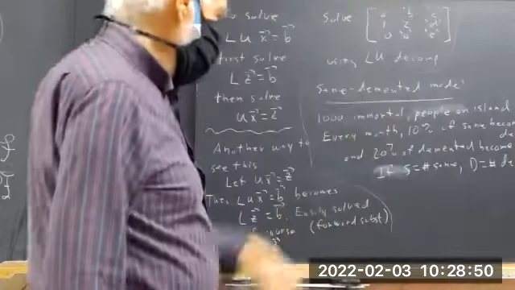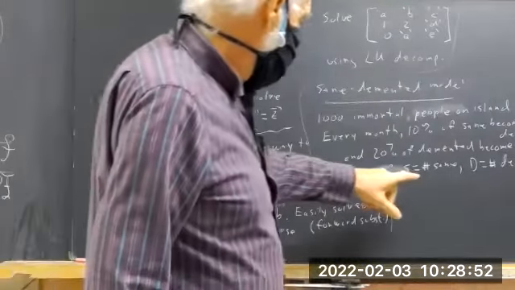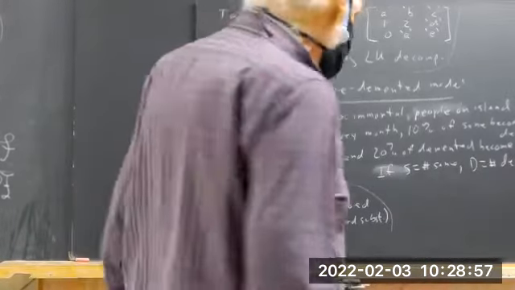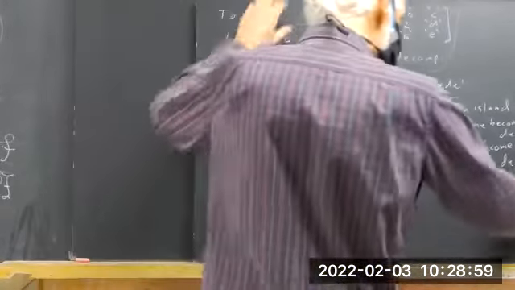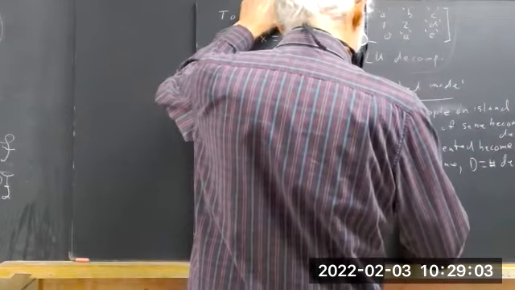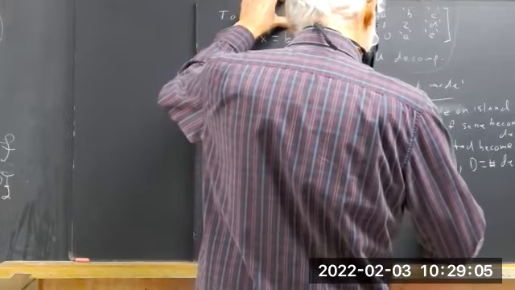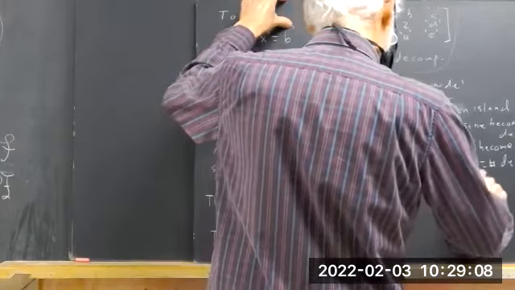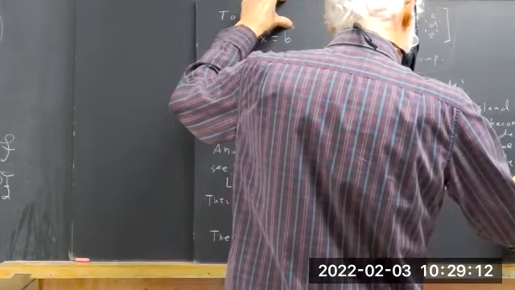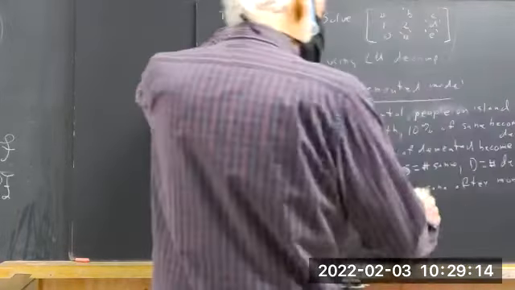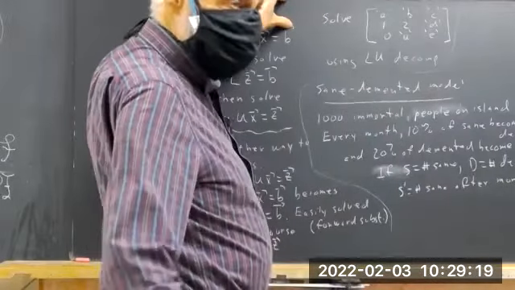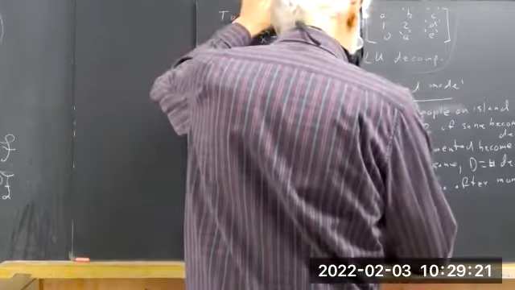I'm going to abbreviate the method for the sake of time and space. If S is the number of sane and D is the number of demented, and S prime is the number sane at the end of the month, a month later, D prime.